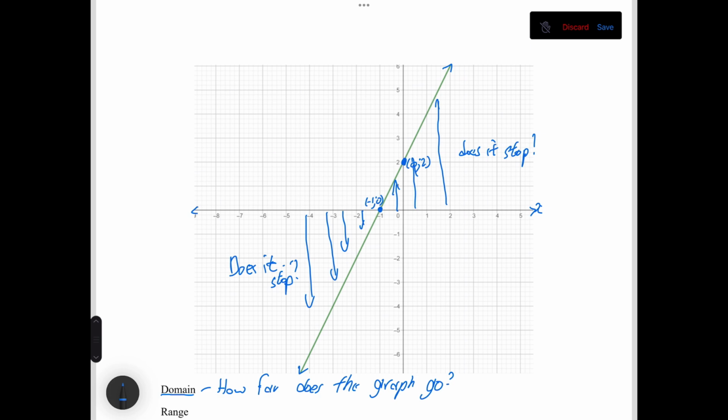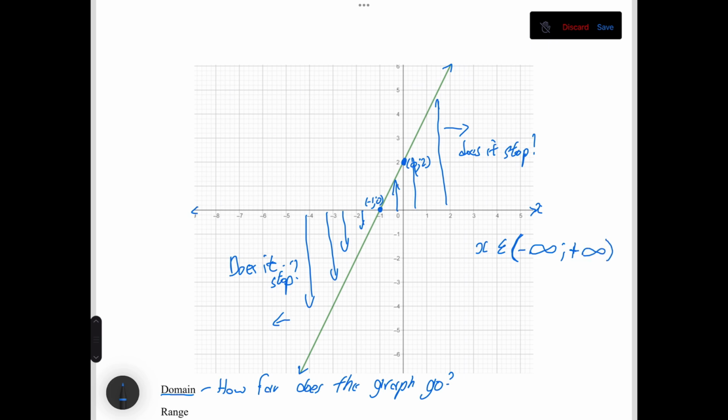So we can then write the conclusion. Because it never ends, we can say x is an element of, on the left hand side, the biggest number that never ends, negative infinity, and on the right hand side, the biggest number that continues forever, which we don't know, but we use a symbol for it: positive infinity.